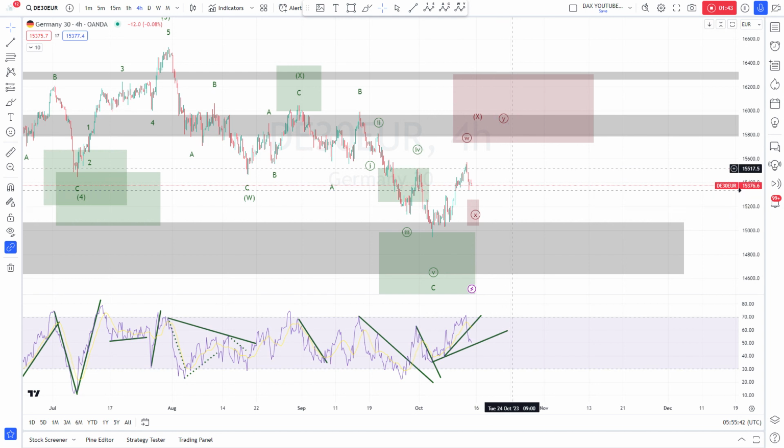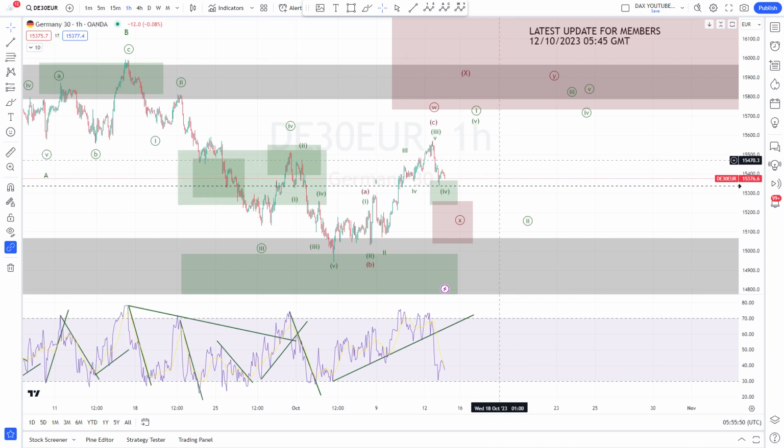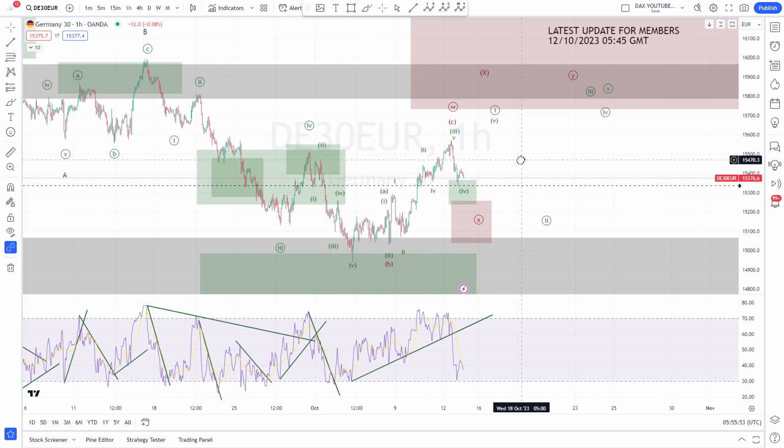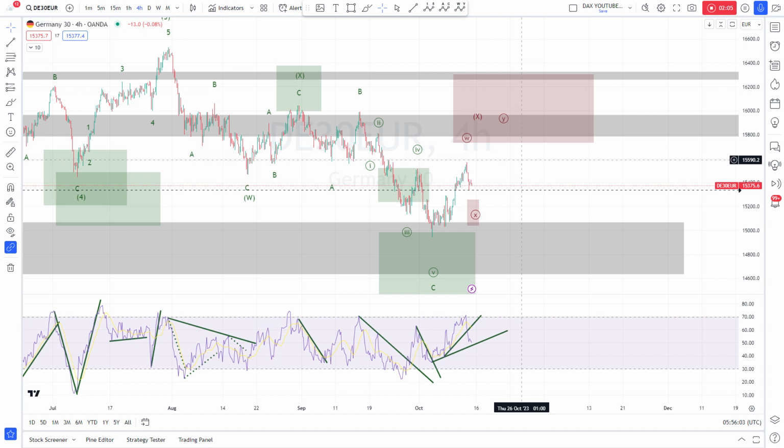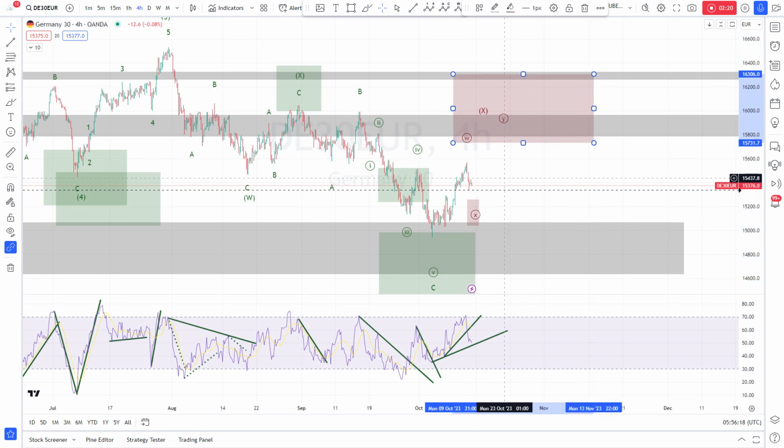So if we look here at the 1 hour, there are some possibilities, actually quite a lot, let's say three valid possibilities. First of all, let me go back to the 4 hour. Wave X goes in 3 waves, and I drew the wave X as a WXY pattern right here, reaching this area.